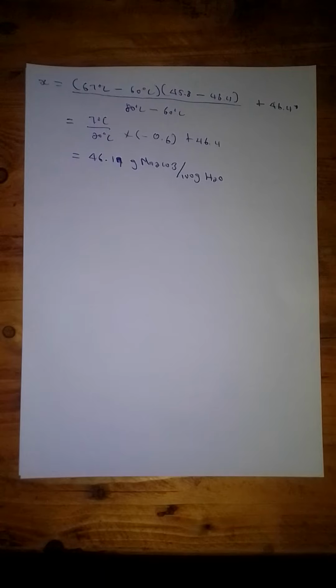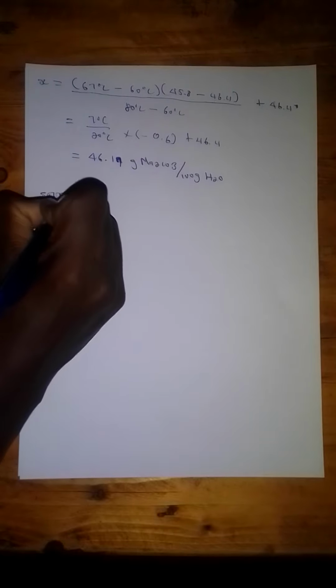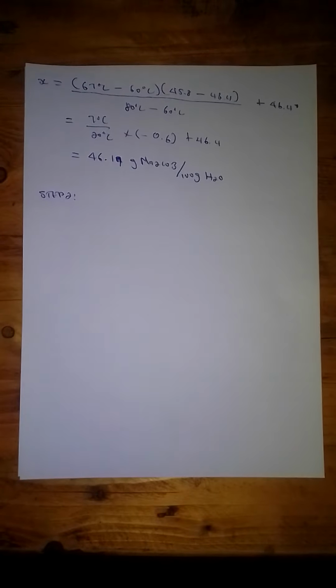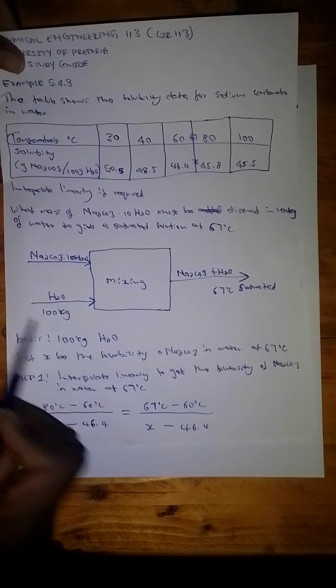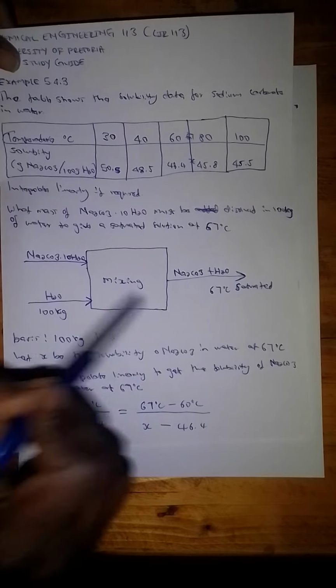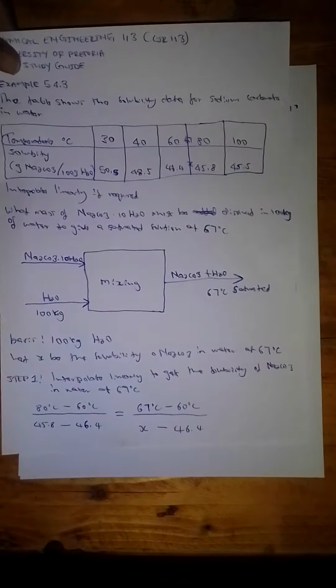Now that we're done with our first step, it takes us to our second step. Let me just bring back the paper here and write step 2. Remember the question that we have been given. They say, how much of this must be added to 100 kilograms of water to give a saturated solution of Na2CO3 in water at 67 degrees?